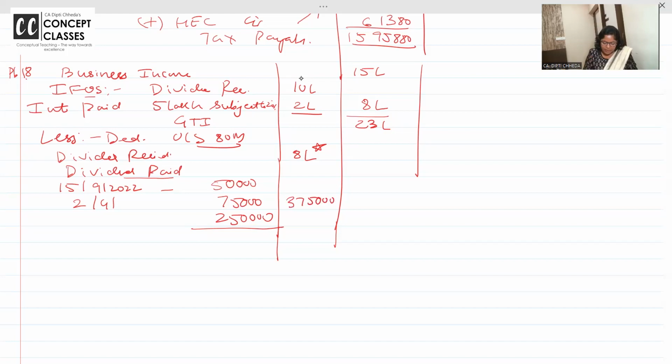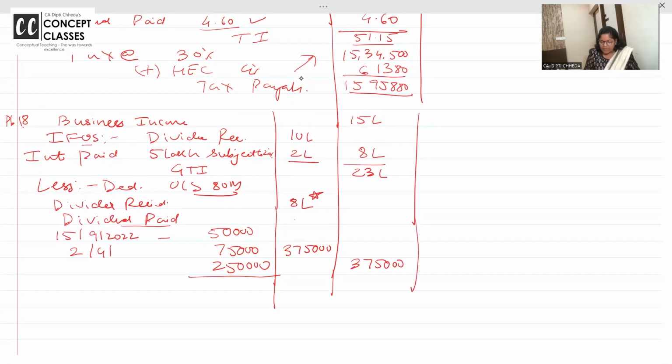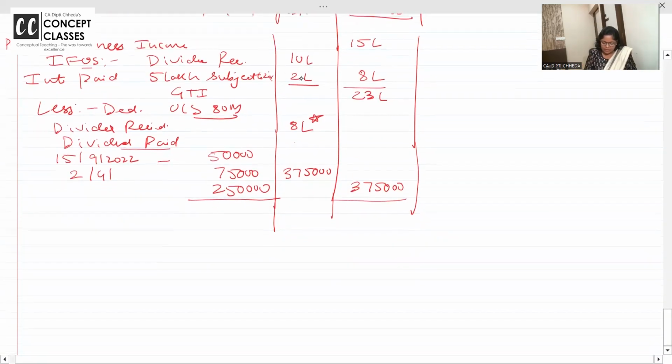8 lakhs is the dividend received, we have made it taxable above. Dividend paid is 3.75 lakhs, so the least is allowed to be deducted, so that this much dividend I have received and paid as it is, I should not pay double taxation on this.